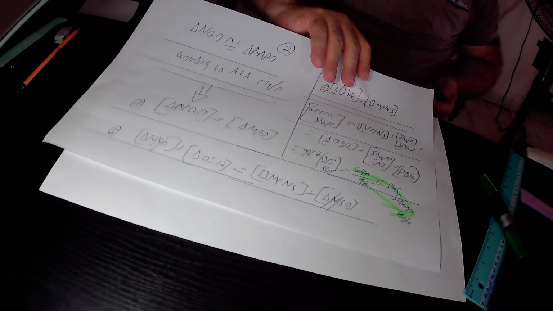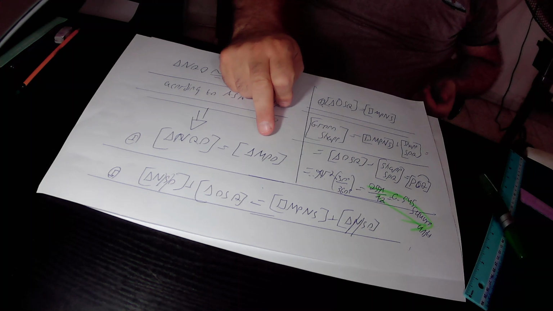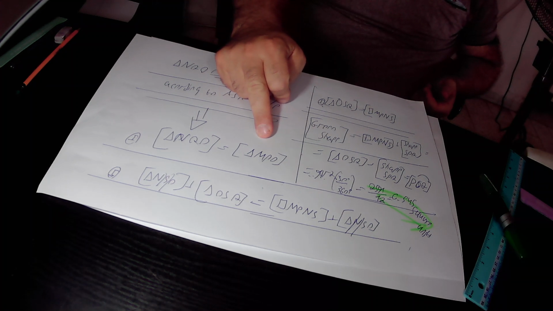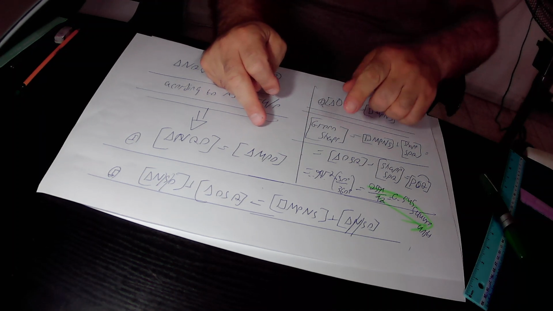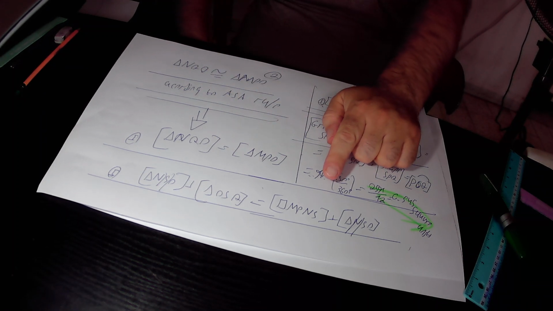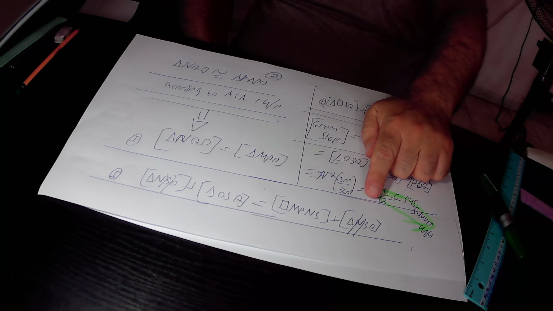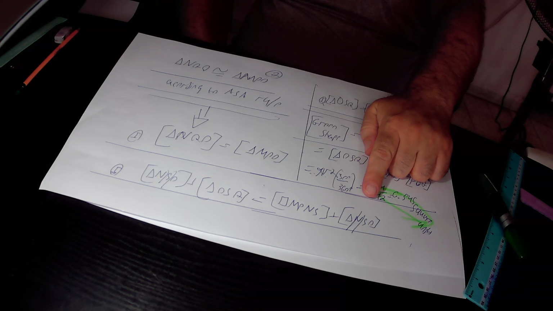Repeat again. The area of triangle MPO must be equal to the area of quadrilateral MNSP plus the area of the small right triangle NSO.